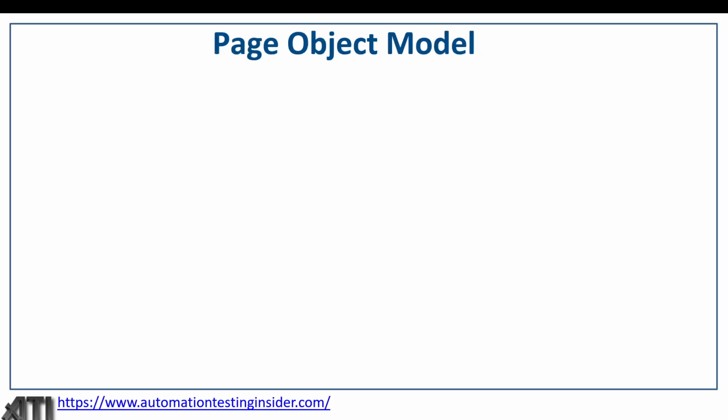Let's first discuss what the page object model is. I have discussed it a lot in previous videos, and also while creating the previous framework, but let me explain it again. The page object model is a design pattern widely used across Selenium automation frameworks.